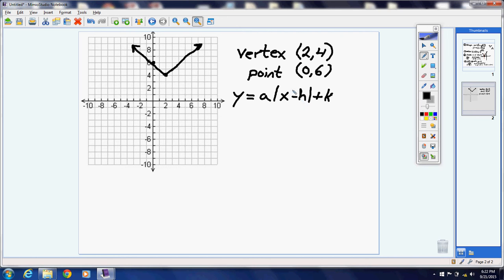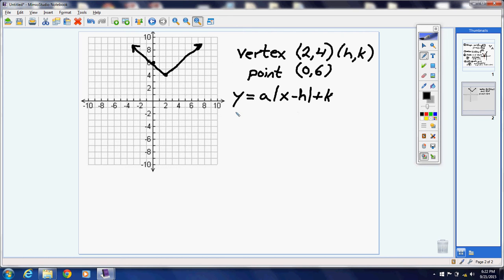We know that the vertex, the point related to our equation, is h comma k. We are given the coordinates for the vertex of 2 comma 4.